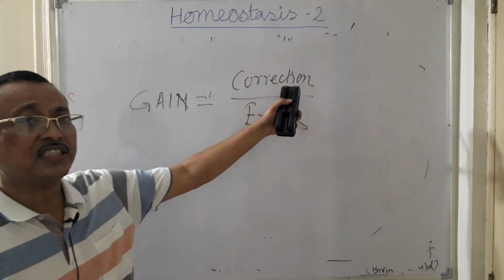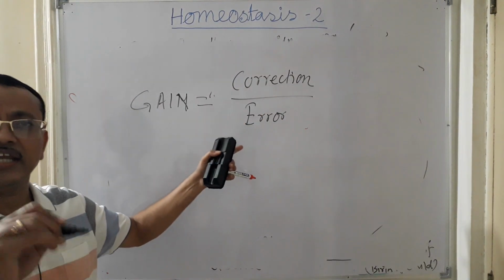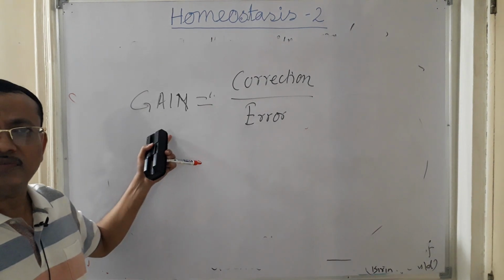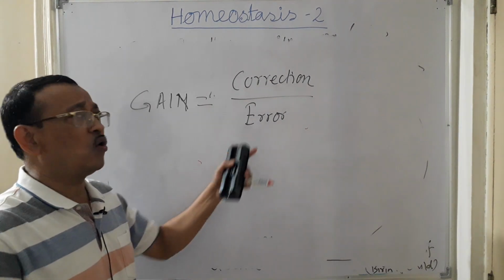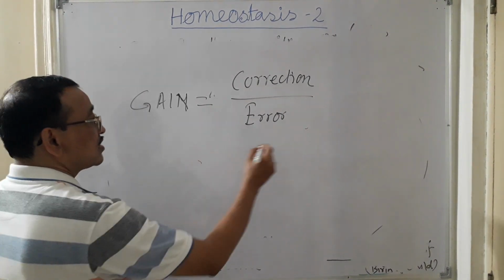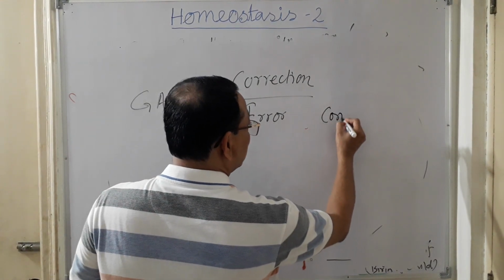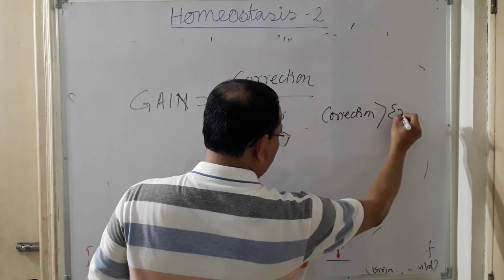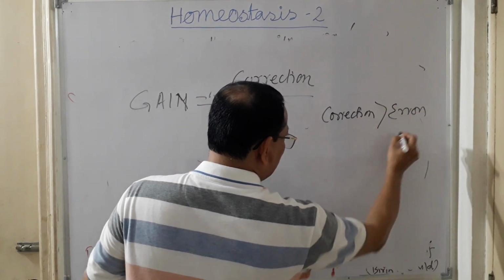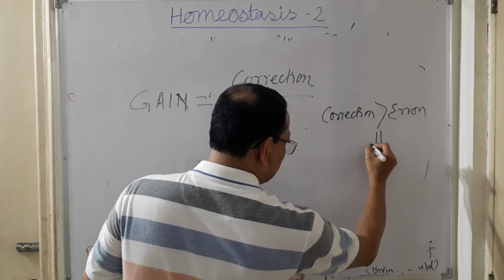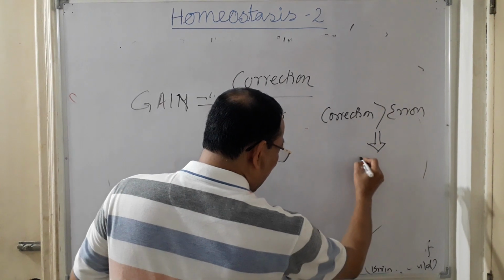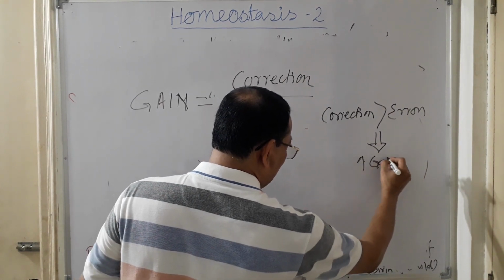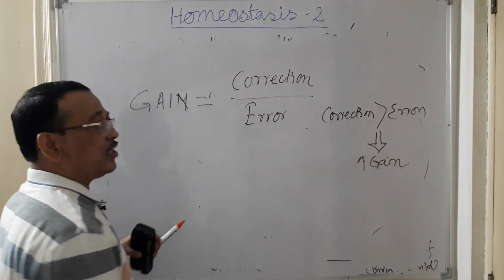If the correction is more than the error remaining, obviously the gain will be more. So if the correction is greater than the error, then the gain will be increased. The gain of the mechanism will be increased.